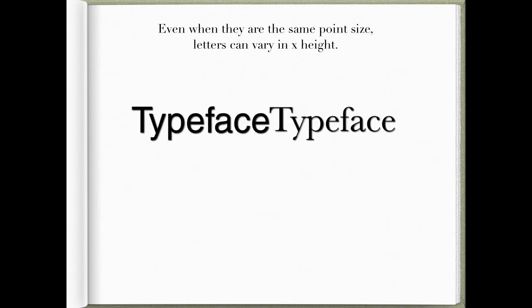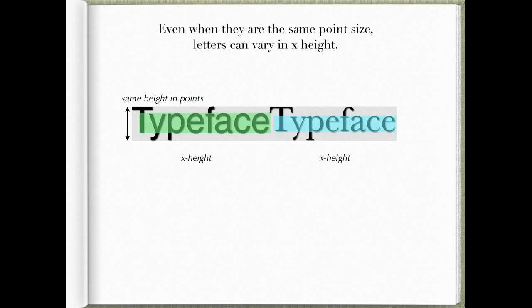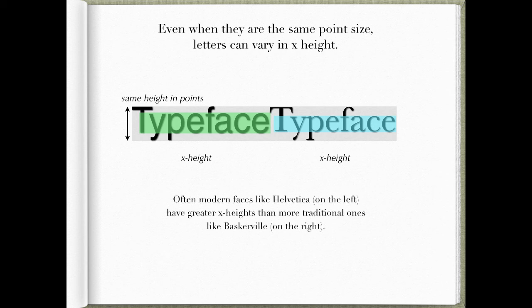So, something that's kind of confusing but can lead to a wonderful amount of choice on our part is that even though something is the same point size, it can vary in x height. And particularly in different time periods or for different purposes, typefaces have different x heights.